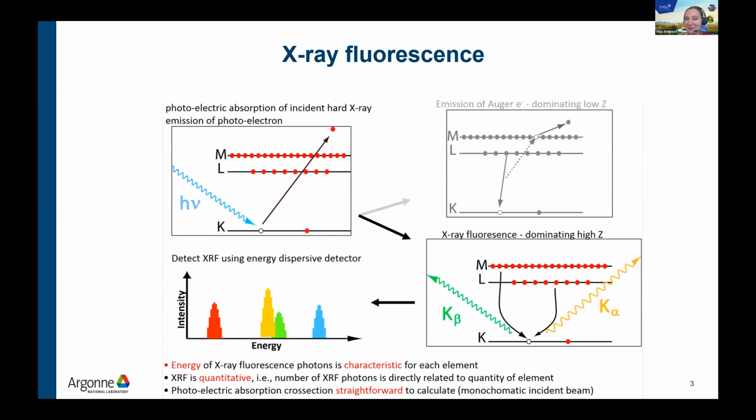Jocelyn had a very nice animation of how X-ray fluorescence works. I have a cartoon. Basically, if you apply X-rays to an atom, as long as the energy is higher than the electron binding energy, that electron may be removed, and then upper shell electrons will go down, and this process results in release of another X-ray, which will have energy specific to that atom.